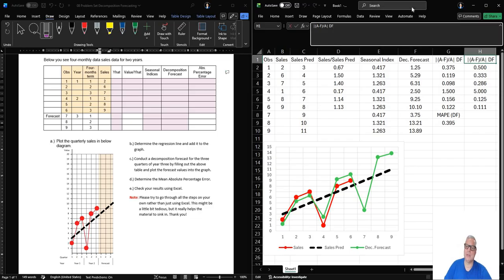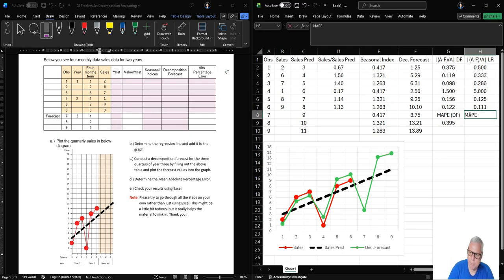And of course that would be the regular linear regression line. Just call that linear regression. So what is the MAPE of the linear regression? Well, that would be equal to the average of all these values, and you see the average is more than 100%, largely driven by the fourth observation, obviously.